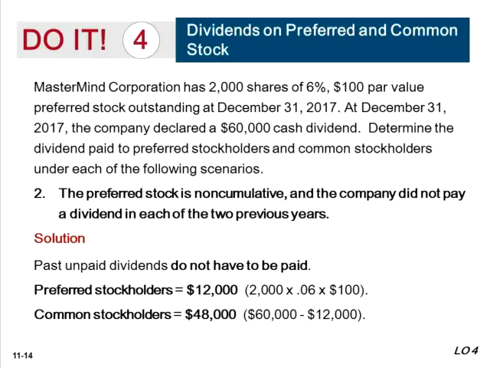In this scenario, the preferred stock is non-cumulative, so they don't get any prior year dividends, and the company did not pay a dividend in each of the previous 2 years. So the distribution won't be any different from the prior scenario. So the preferred shareholders are only entitled to the current year dividend of $12,000, so that the remainder of the $60,000, or $48,000, will go to common shareholders.